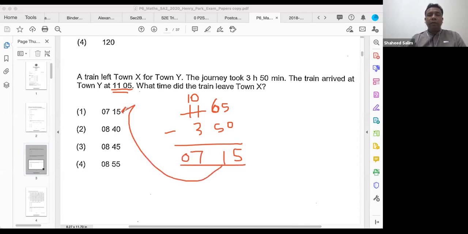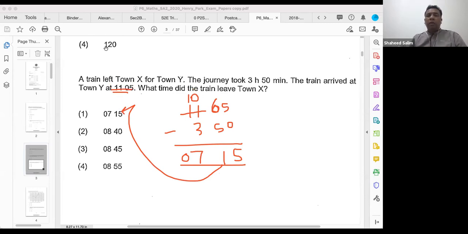Now, some of you don't understand this method. You say you're very confused. Okay, then we count backwards from 11:05. 3 hours and 50 minutes.